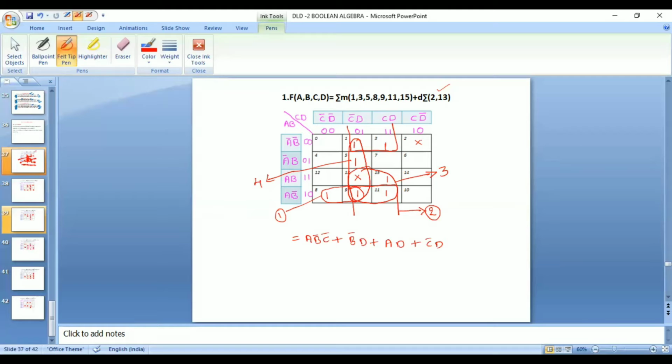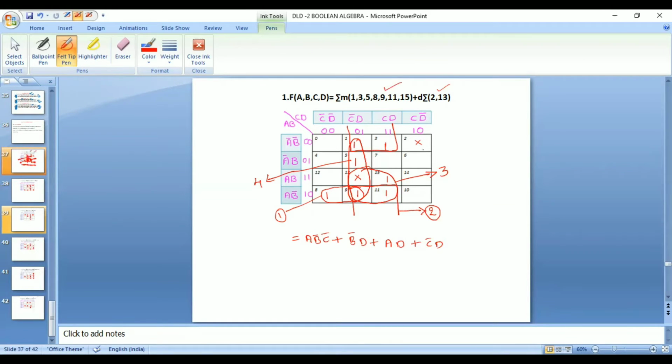We are not doing that because our concentration is only on the minterms which need to be covered. Whether the don't care conditions are required, only then you need to use them. Otherwise, leave that particular don't care condition. It is not required, especially this 2 minterm.